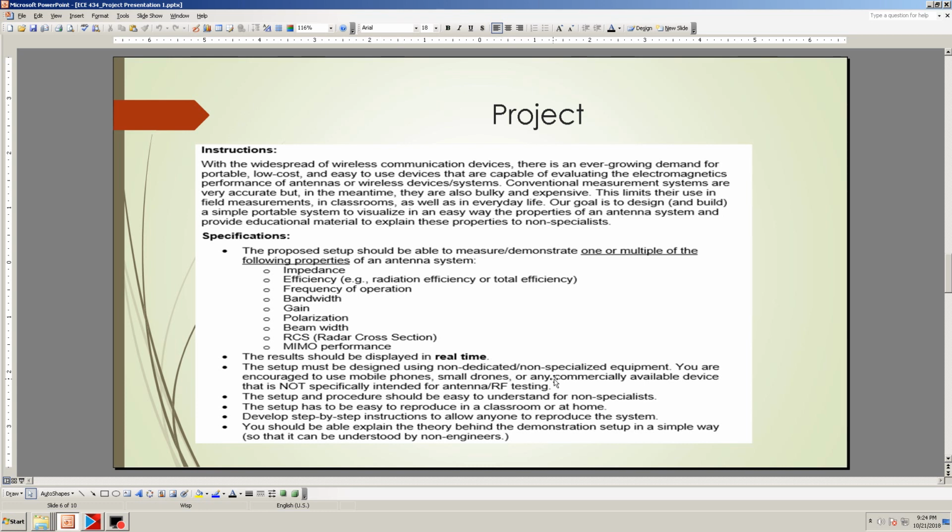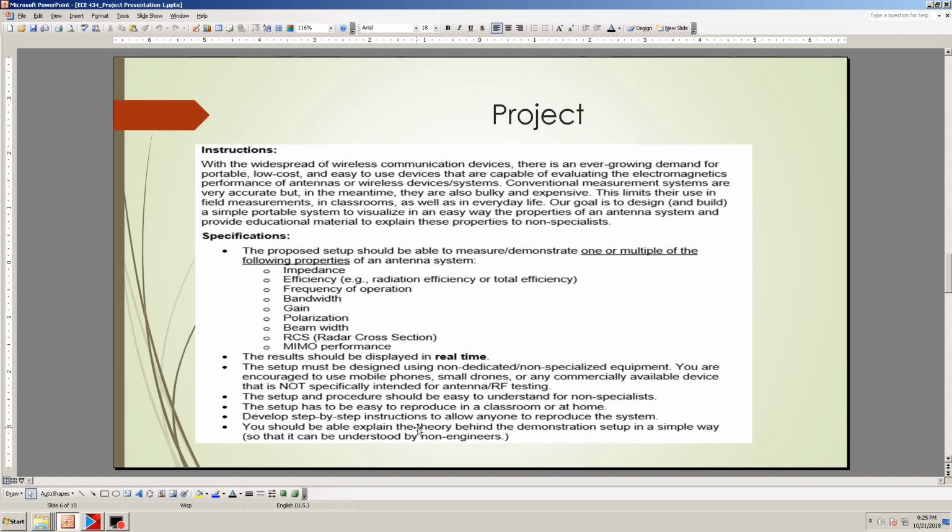The setup must be designed using non-dedicated and non-specialized equipment, and I am encouraged to use mobile phones, small drones, or any commercially available devices that are not specifically intended for antenna and RF testing. The setup and procedure should be easy to understand for non-specialists, and easy to reproduce in a classroom or at home.